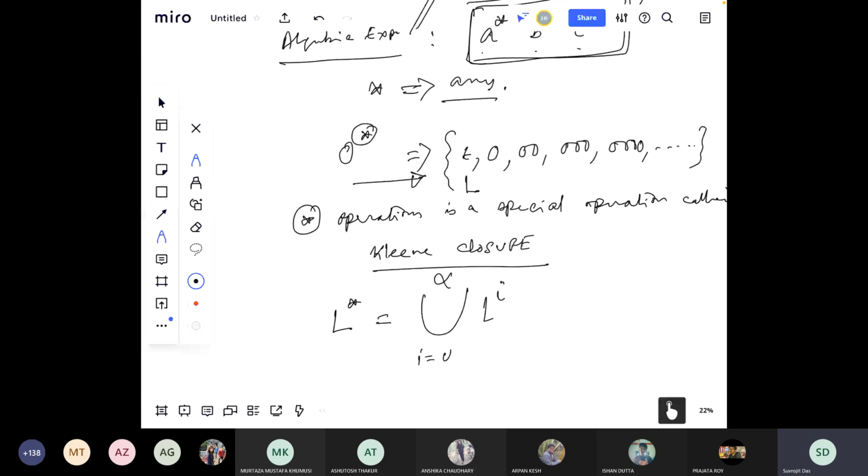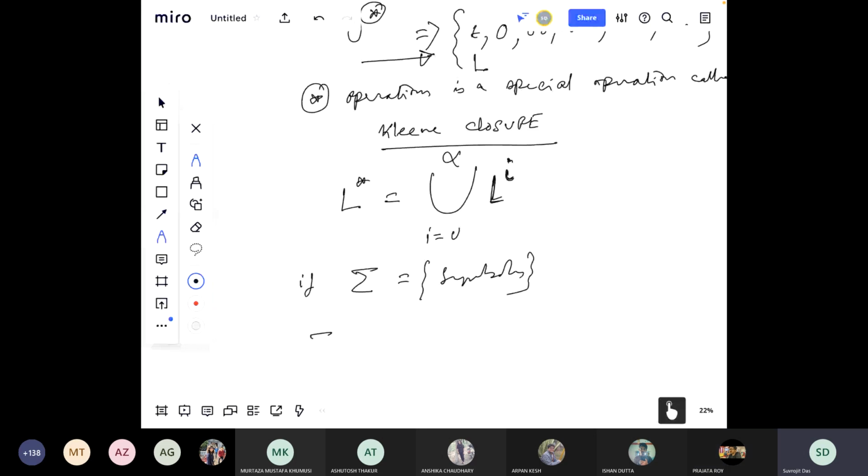Right? So if you talk about our alphabet sigma that contains symbols, what would be sigma star? Sigma star is realizing sigma 0 or more number of times. So I'm not realizing sigma at all, 0 realization.